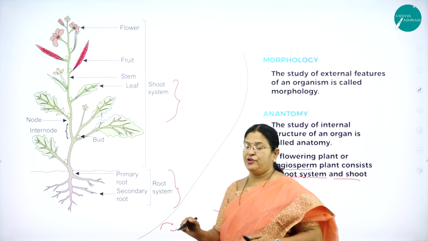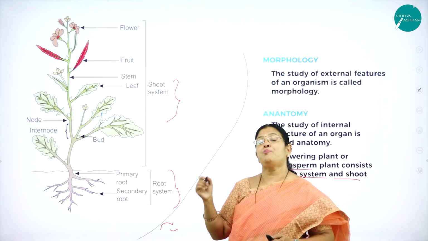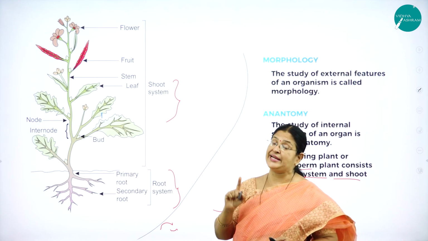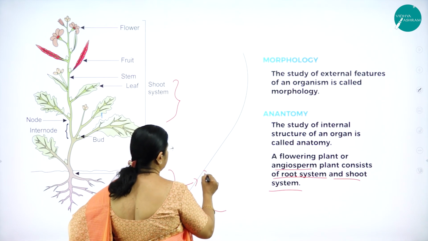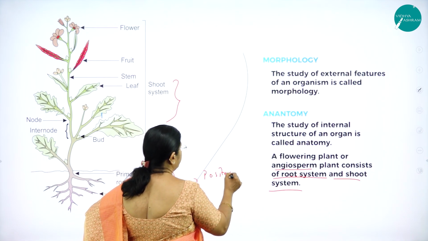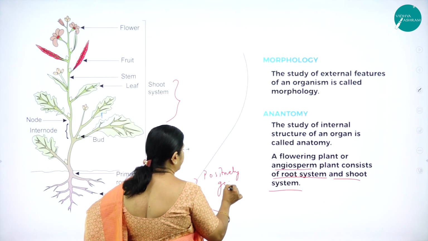One thing I think all of you know is that the root system is positively geotropic and negatively phototropic.